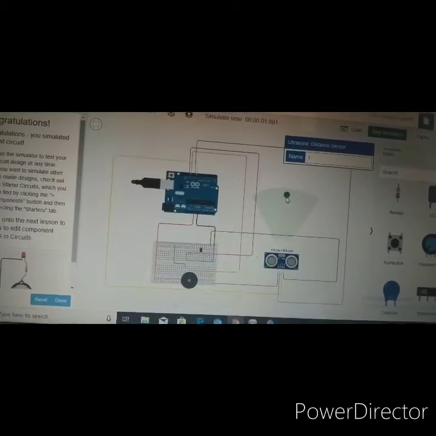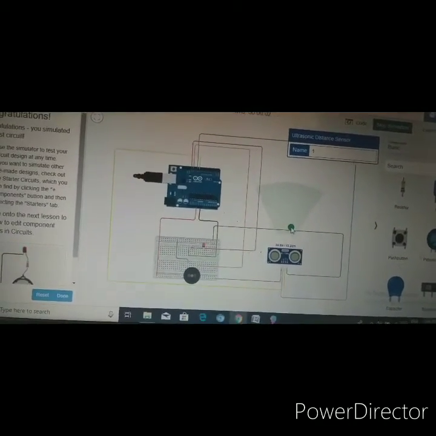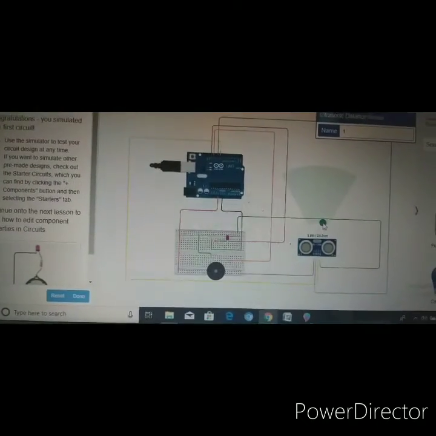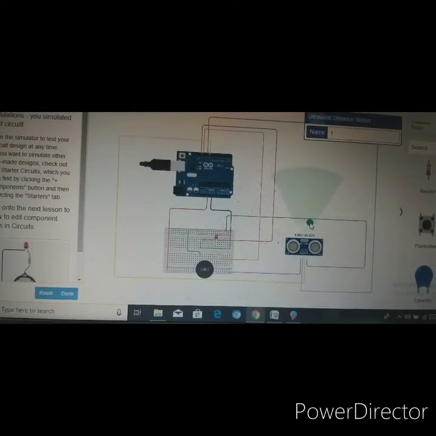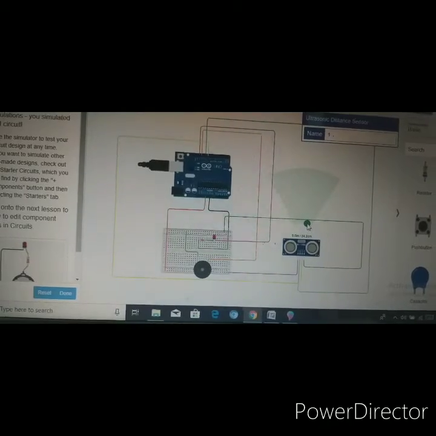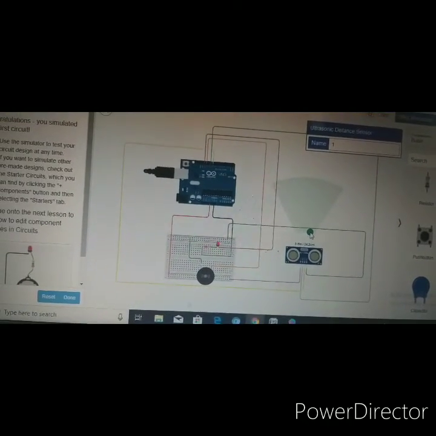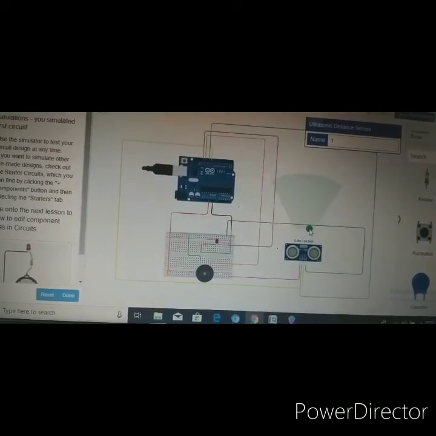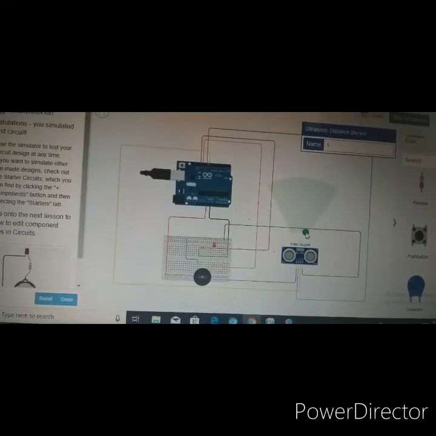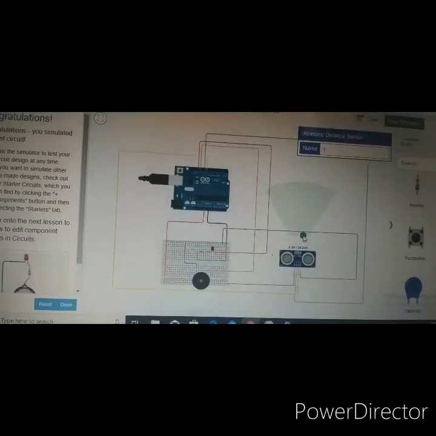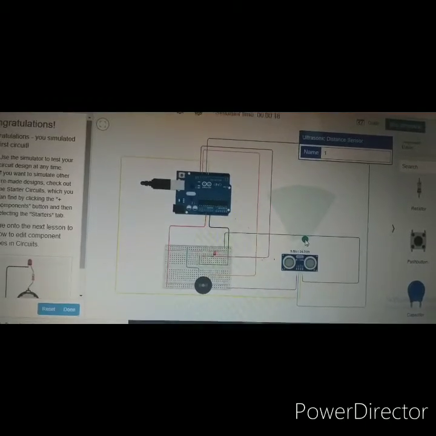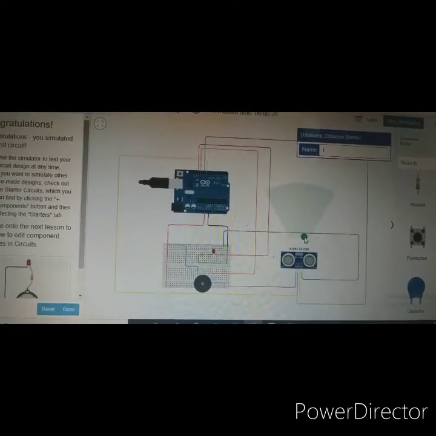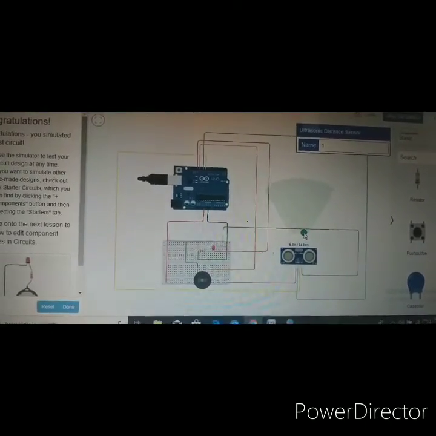Now if we move this object closer, see, at 24.2 centimeter, this buzzer starts to beep. Now it stops. This is telling us, making us aware, please maintain a social distance from others.